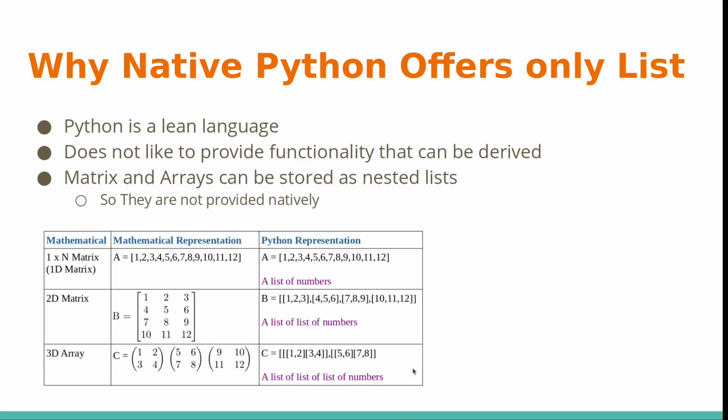If we look at the mathematical representation versus Python representation in terms of lists, I can define a vector or a 1D matrix, a 2D matrix, and a 3D array, all of them using lists. We saw how to represent a 1D matrix or a vector, a sequence of numbers, using a list.